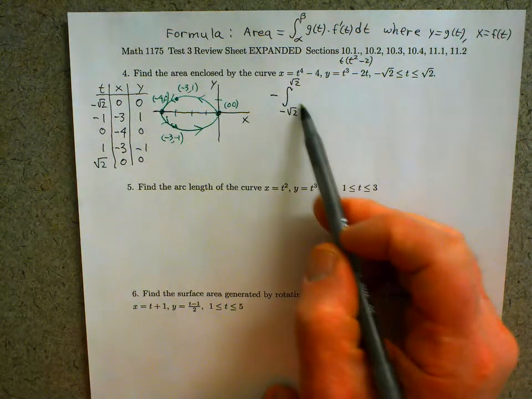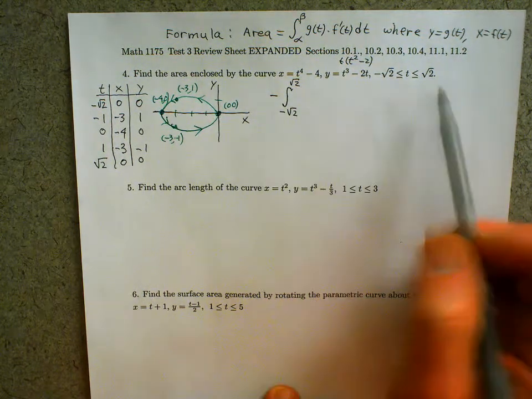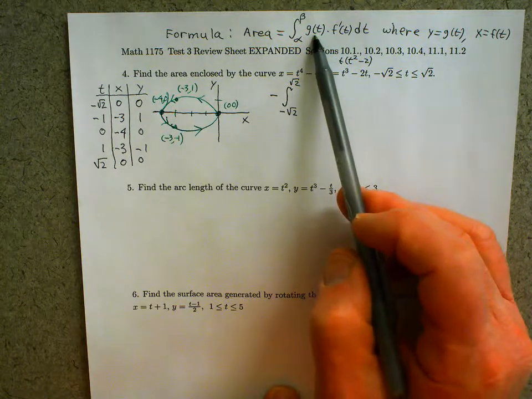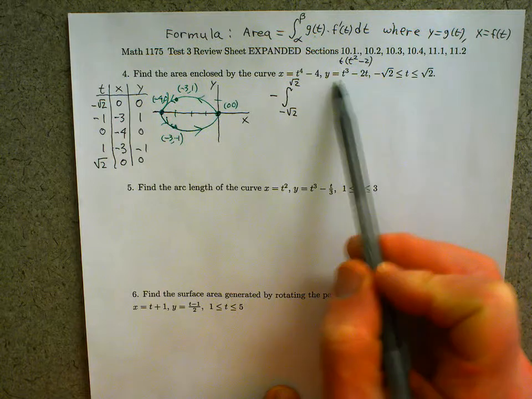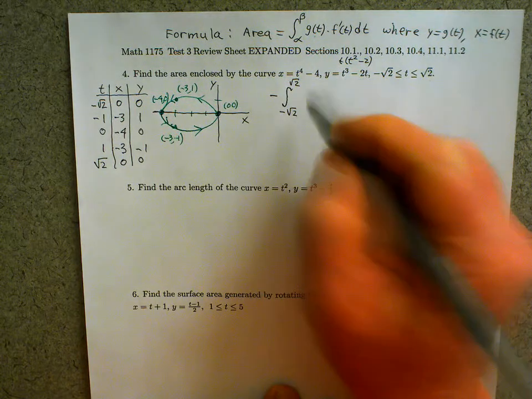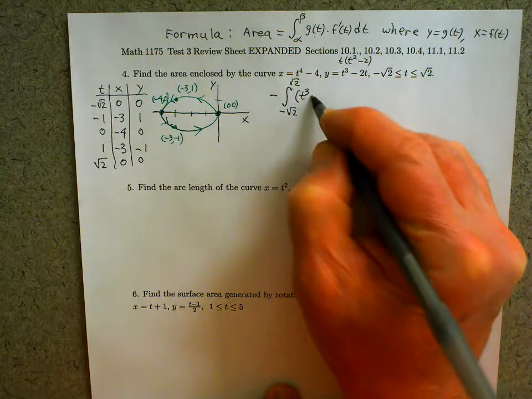And then we'll write down the formula for the integrand. So in the integrand, we have g of t, which is what y is equal to. So y is equal to t to the third minus 2t.